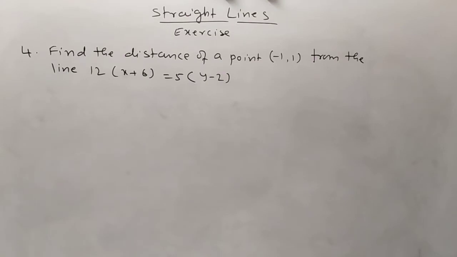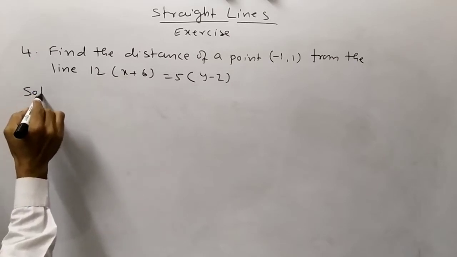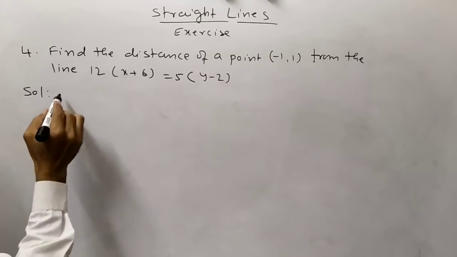Fourth question. Find the distance of a point with coordinates minus 1, 1 from the line 12 into x plus 6 is equal to 5 into y minus 2. Solution.